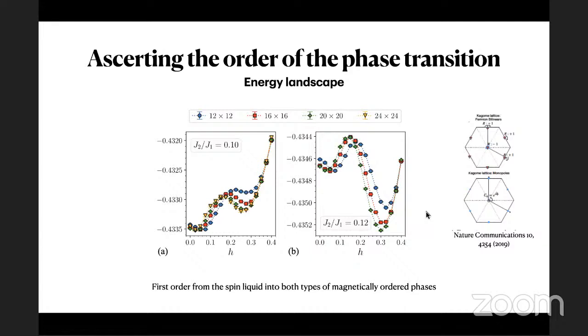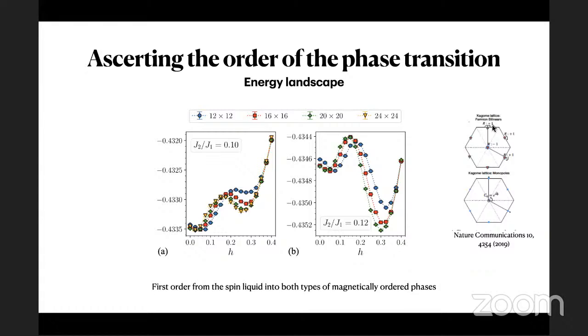So now the question is, how do you ascertain the order of the phase transition? Let's first look at what is known from field theoretical approaches. Recently there was a paper from the group of Ashvin Vishwanath unifying different orders on the Kagome lattice, where they worked out the quantum numbers of the different mass terms and the monopole fields, and found that the singular response of the Dirac spin liquid is located at the positions where one would expect a signal for the Q equals 0 order in neutron scattering, which are basically the centers of the sides of the extended Brillouin zone.